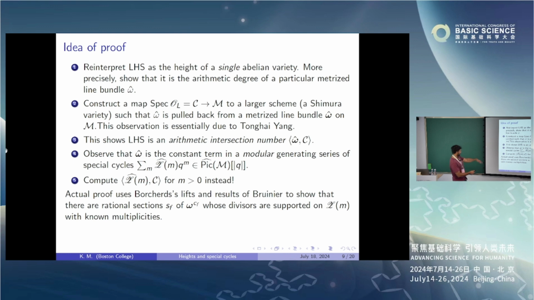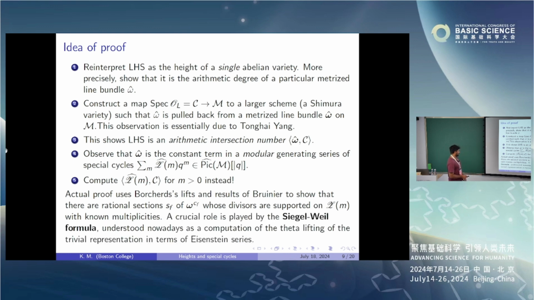There are some technical comments on what the proof is. But the main thing is that there's a crucial role played by the Siegel-Weil formula, which is a result in representation theory, in particular in the theory of theta functions or of the theta lifting in general.